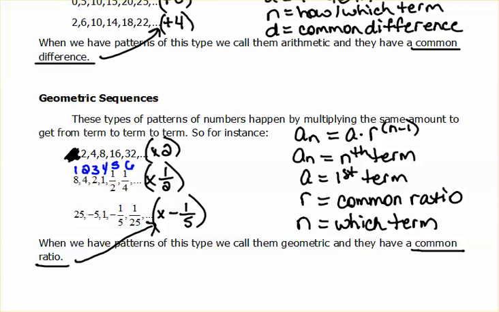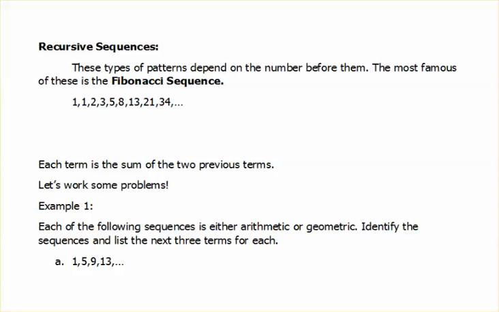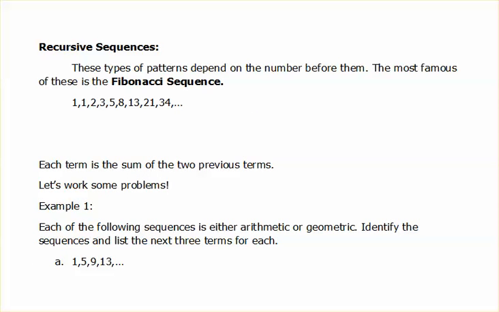All right, now we have another type of sequence that we see pretty often, and these are called recursive sequences. Recursive sequences happen when you use the number before them, but they're not necessarily arithmetic or geometric.